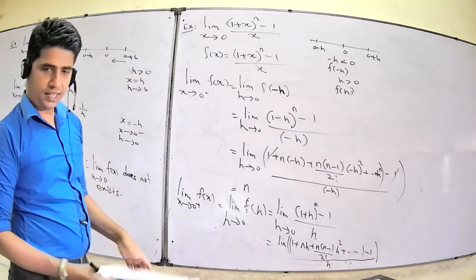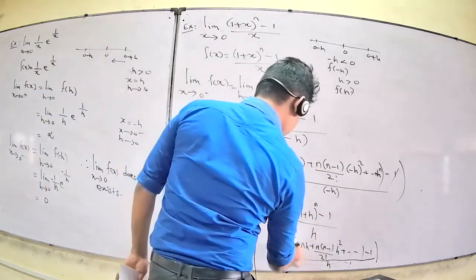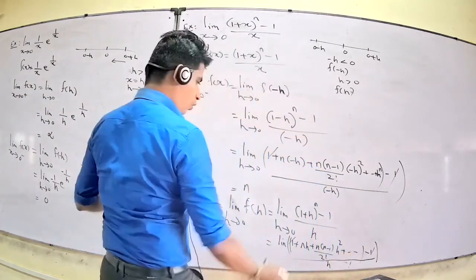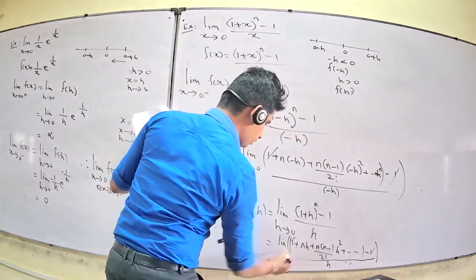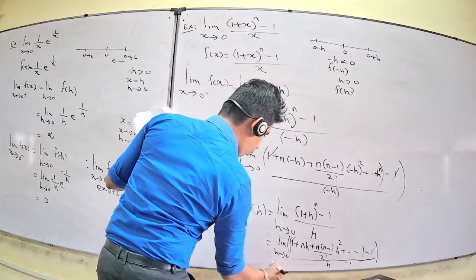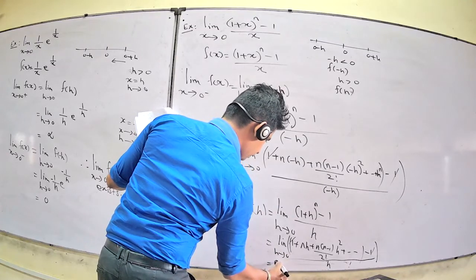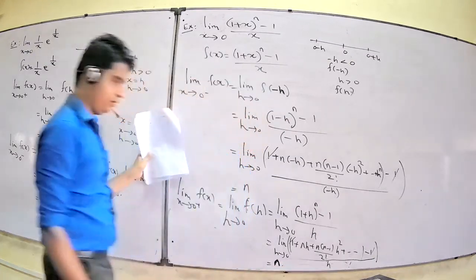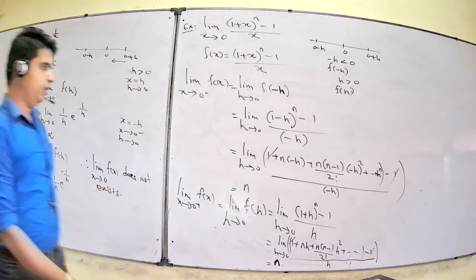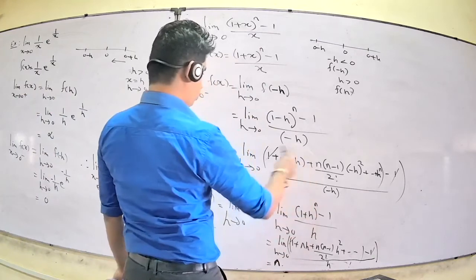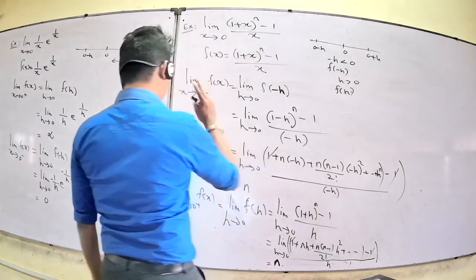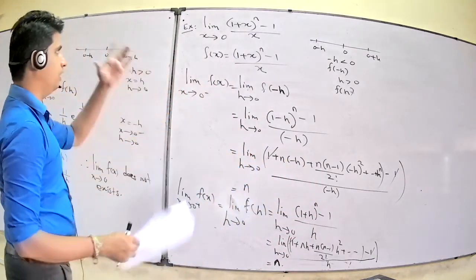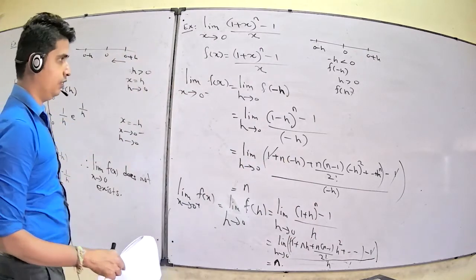Now you can cancel the term 1 and 1, and divide by h. Others are 0 as h tends to 0. Only the remaining term is n. This value is n, and the left limit value is also n. Therefore left limit equals right limit, so this limit exists and the value is equal to n.